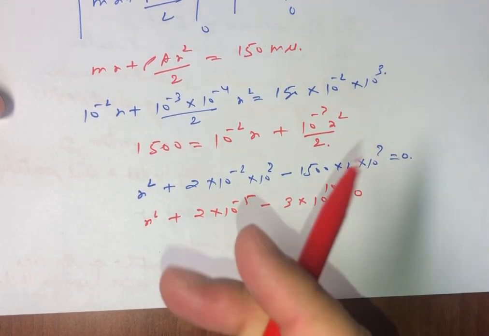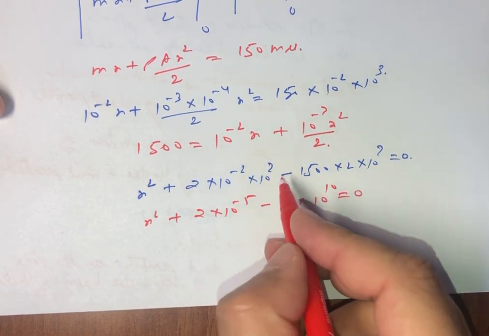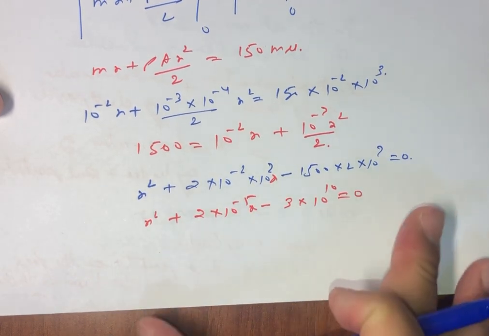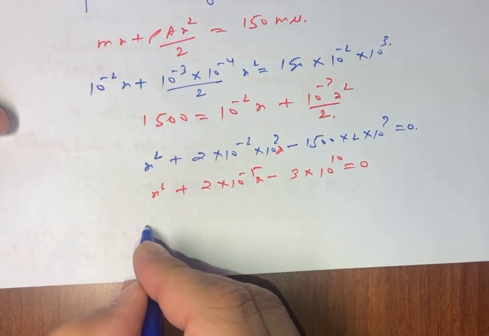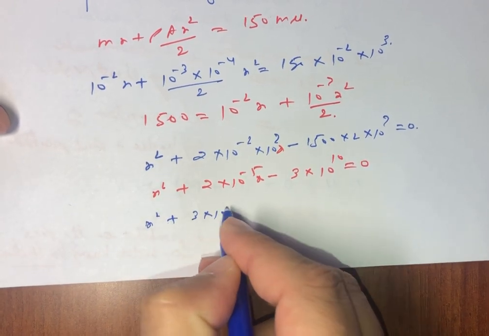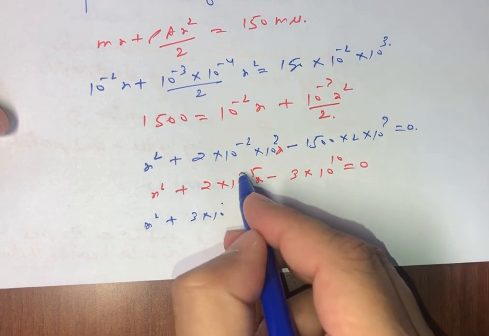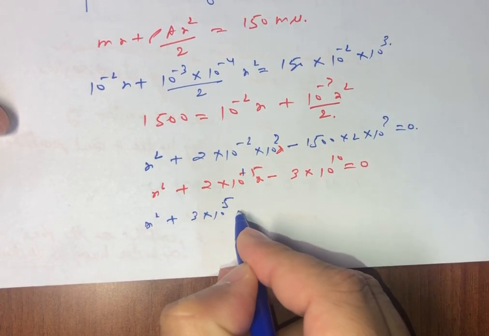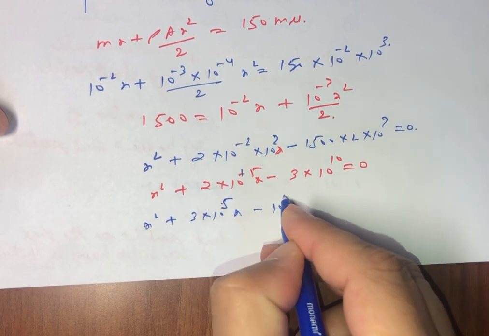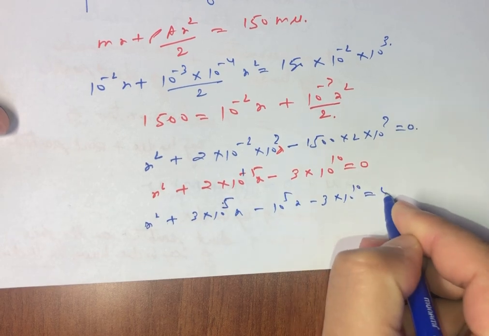Sorry, I missed the x. Here it will be x and here it will be x. So we can factorize it. We can say x square plus 2 into 10 raised to the power 5 x, sorry, it will be plus 3 into 10 raised to the power 5 x, minus 10 raised to the power 5 x, minus 3 into 10 raised to the power 10 is equal to 0.